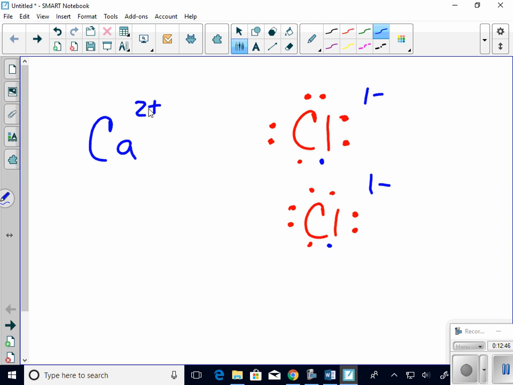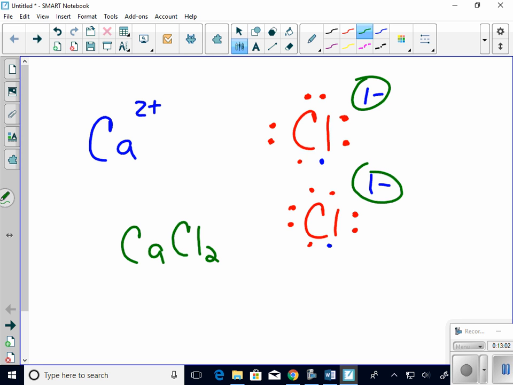Now, can you see why I need to have 2 chlorines? So, when I write the chemical formula for calcium chloride, it is CaCl2, because I need 2 chlorines to get that net charge to be 0.